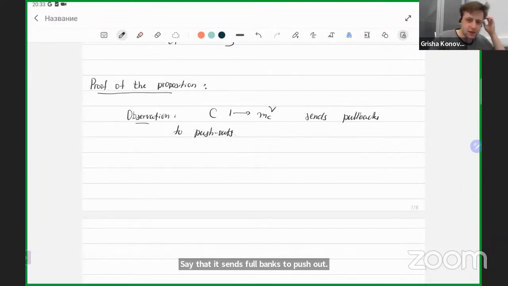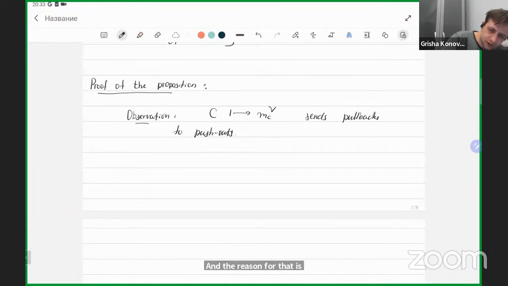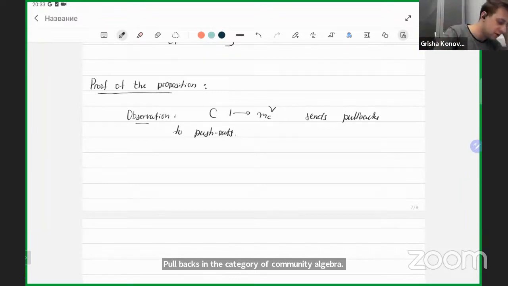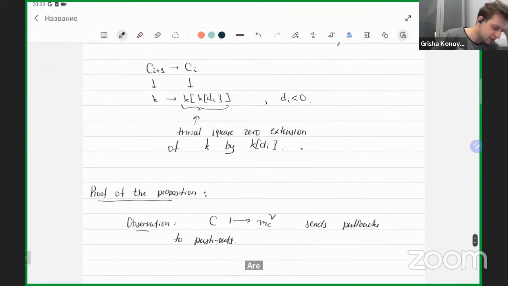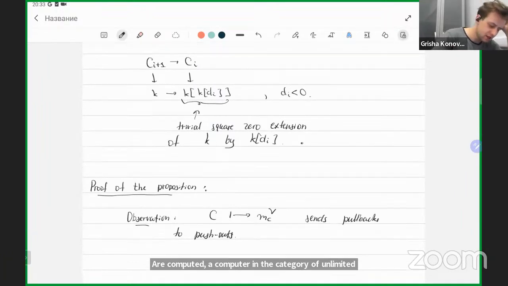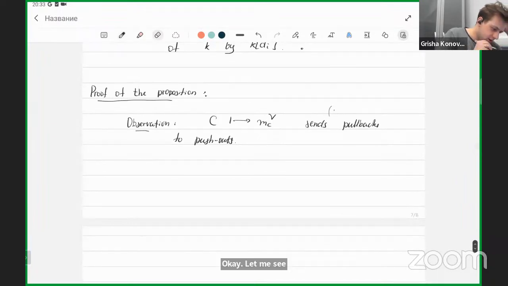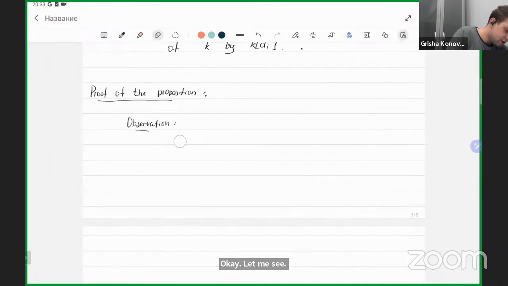And the reason for that is that pullbacks in the category of commutative algebras are computed in the category of underlying complexes, provided that certain pullbacks, okay, let me be even more precise.